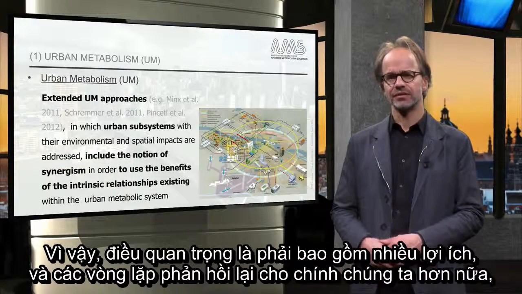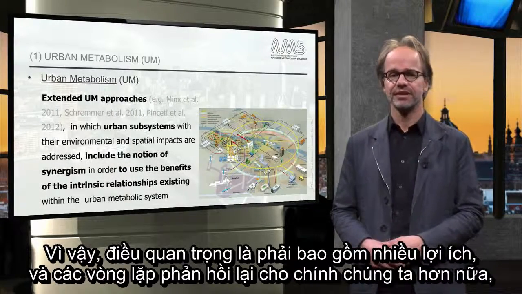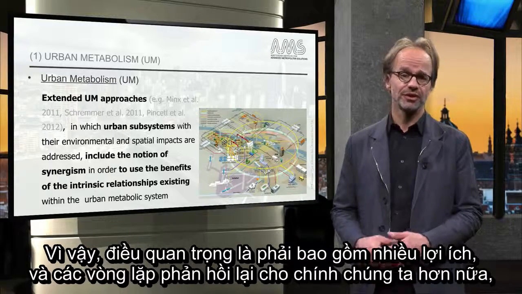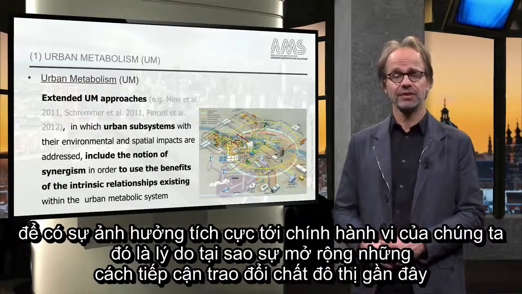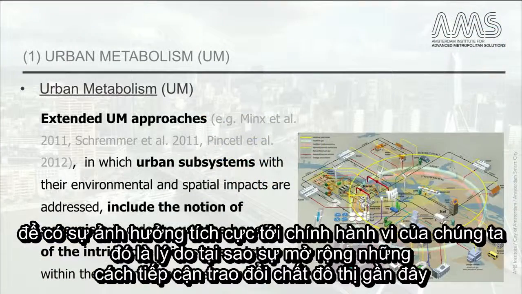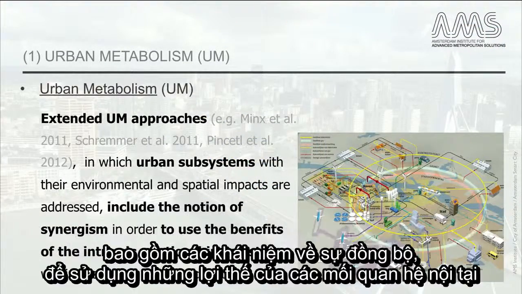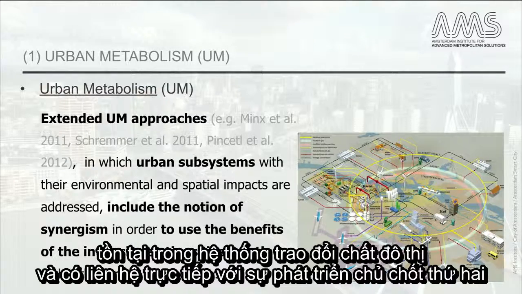So it is important to include further benefits and feedback loops to us humans and to positively influence our behavior. This is why recent extended urban metabolism approaches include the notion of synergism, to use the benefits of the intrinsic relationships existing within the urban metabolic system.